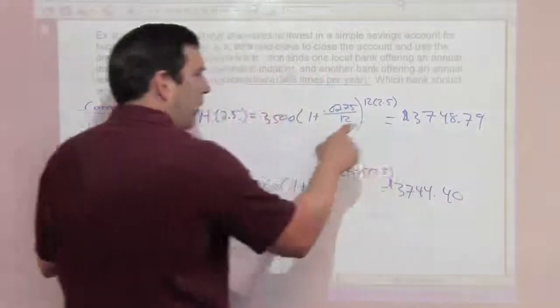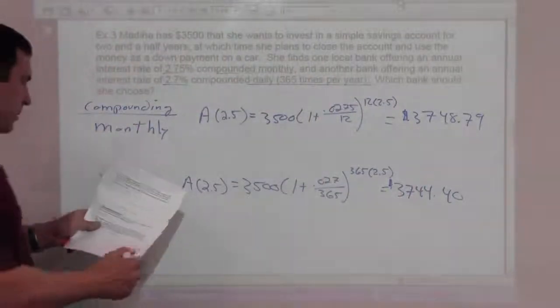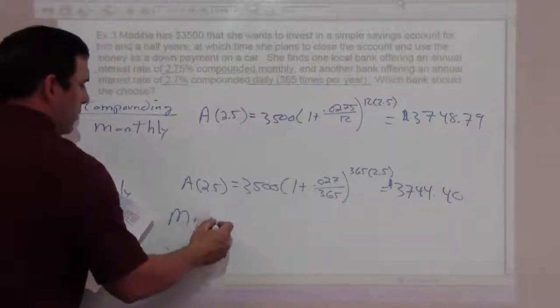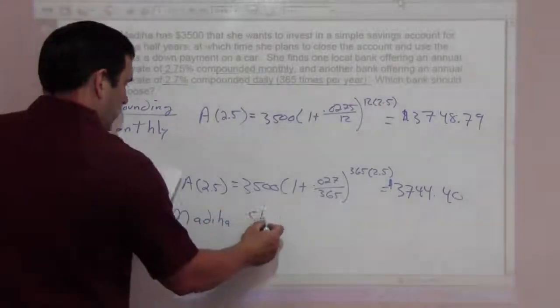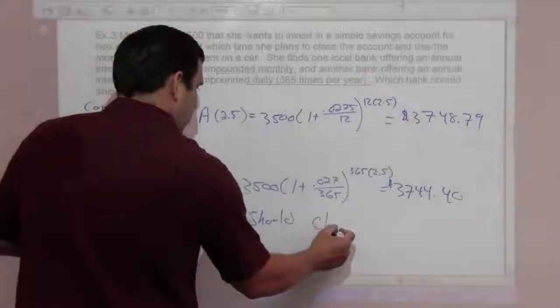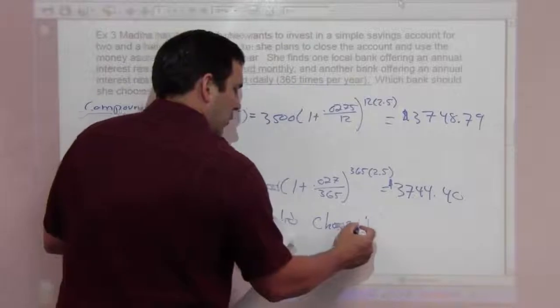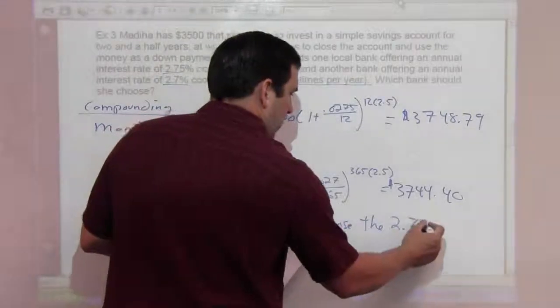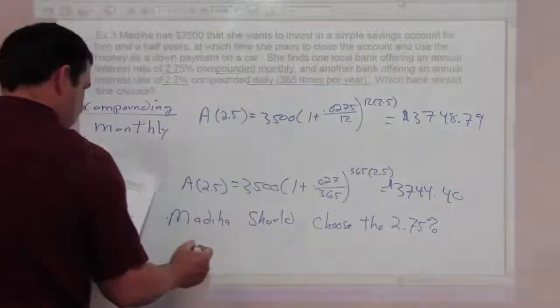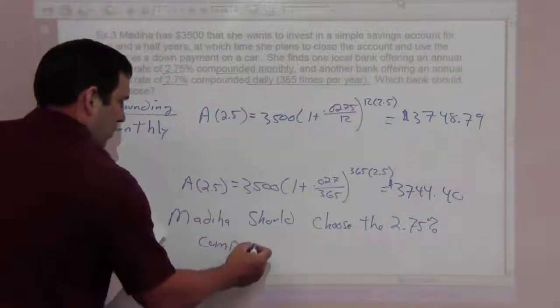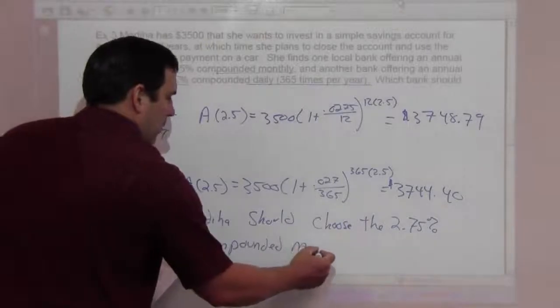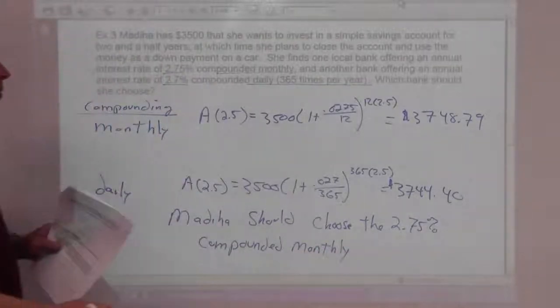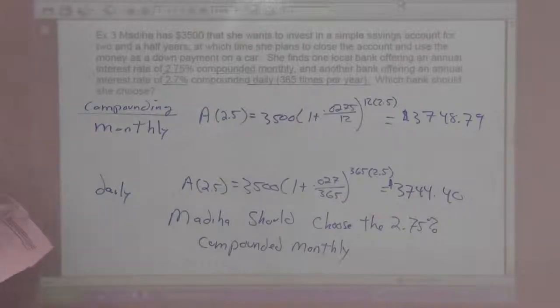So you're better off with a higher rate and the fewer compounding times in this case. Okay, so I'm saying she should choose the 2.75% compounded monthly choice. Okay, going on to the next page.